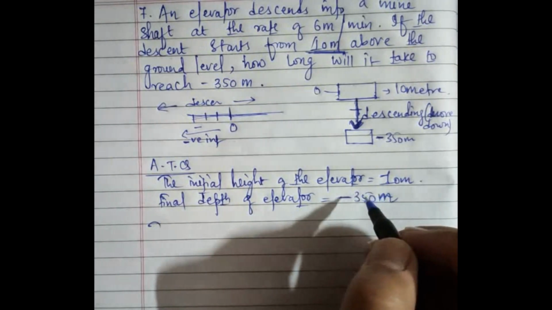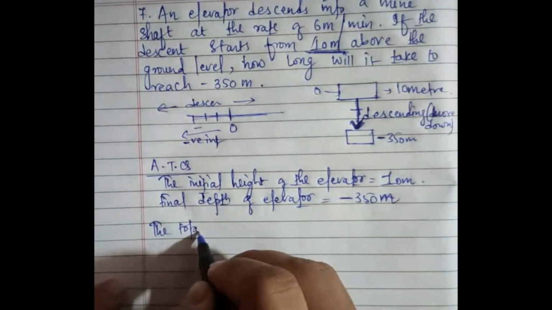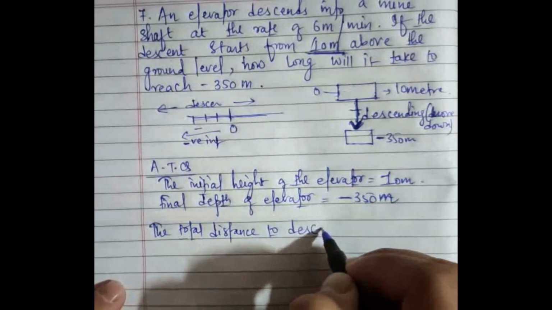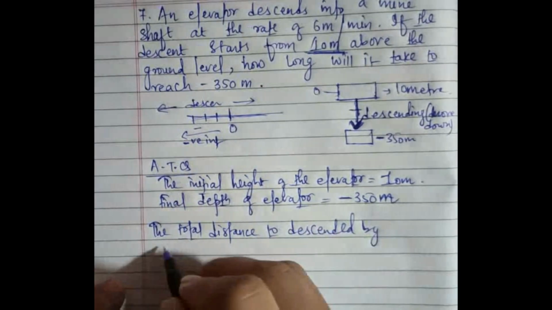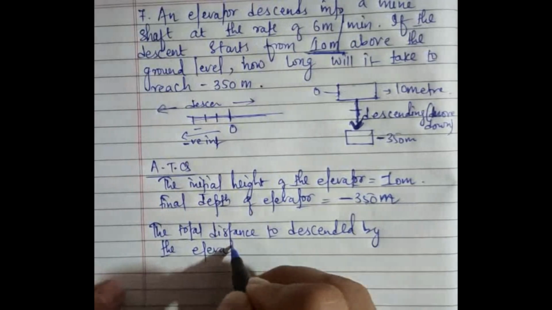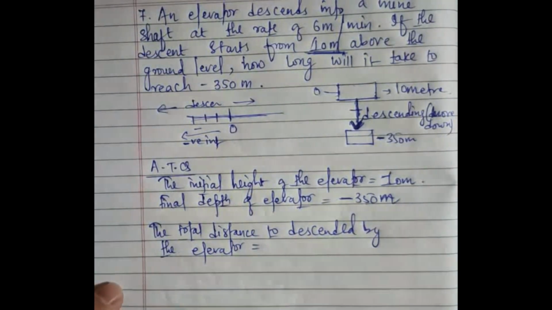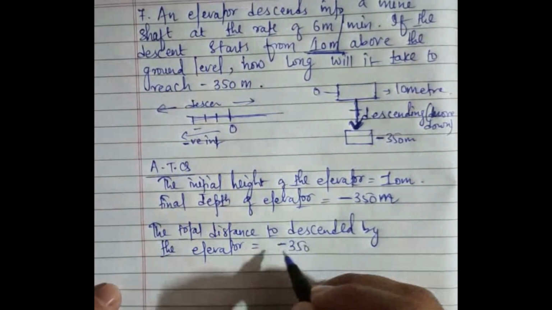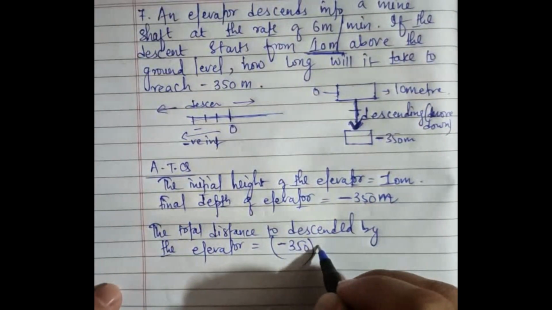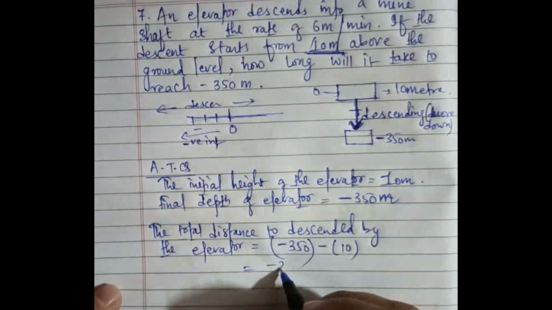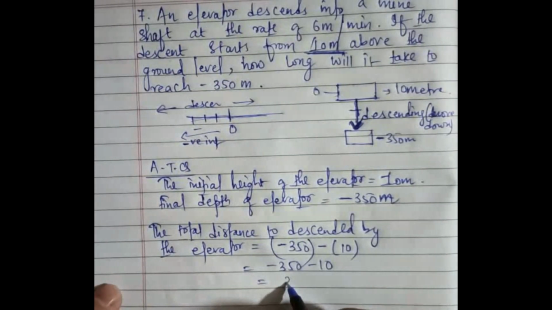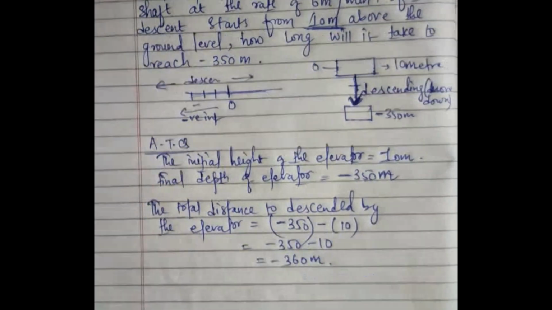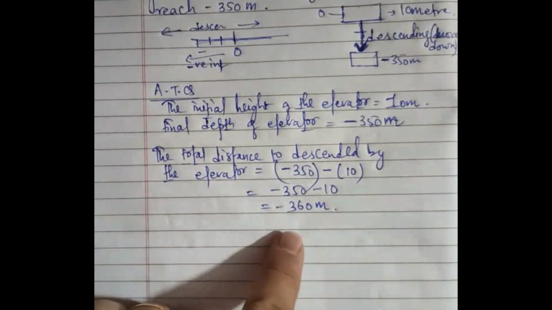The total distance descended by the elevator is, starting from -350 minus 10, equal to -360 meter. So the total distance which the elevator has to travel is 360 meter.